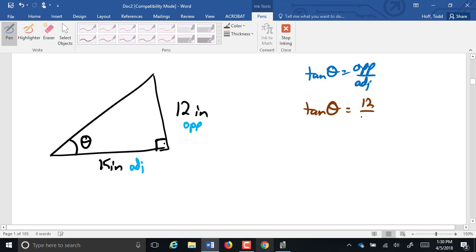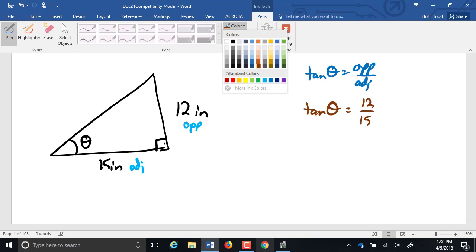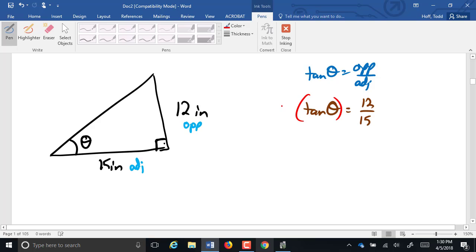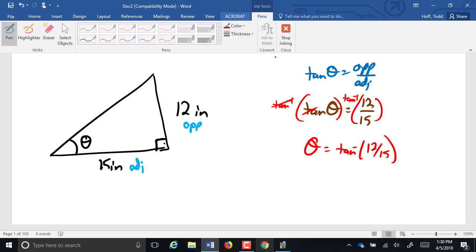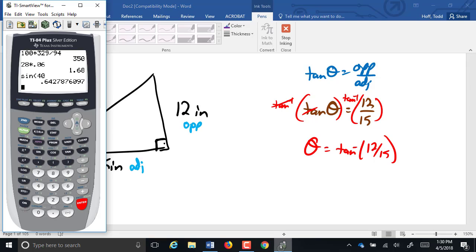Opposite side is 12, adjacent side is 15. And yes, since I'm looking for an angle, it's an inverse trig function. So theta equals the inverse tangent of 12 over 15, otherwise known as 38.66 degrees.